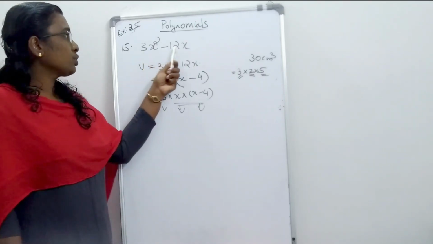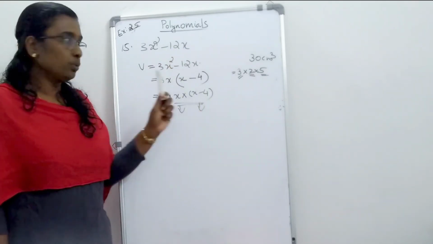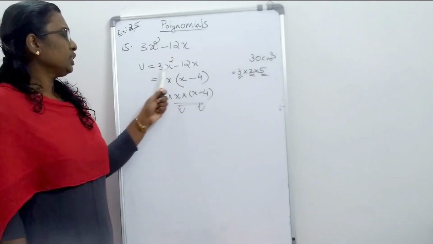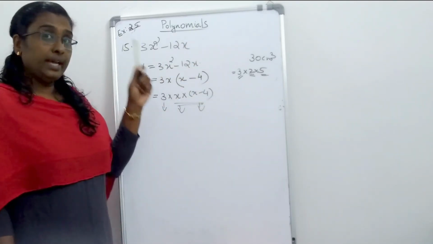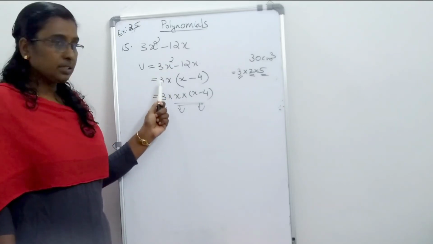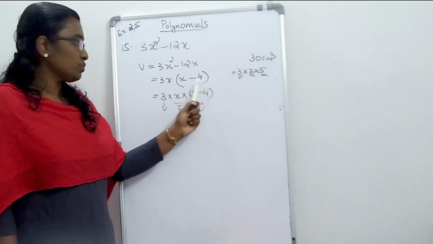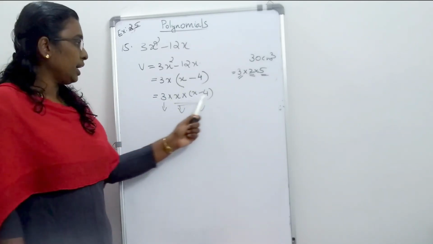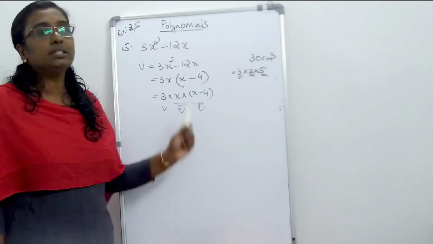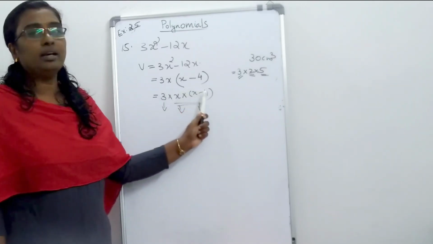We write 3x square minus 12x as 3 into x into x minus 4. These are not similar to the identities we studied. So, in that case, we take the common factor outside. Here the common factor is 3x, giving 3 into x into x minus 4. So, we take these three factors as the three dimensions: length, breadth and height.